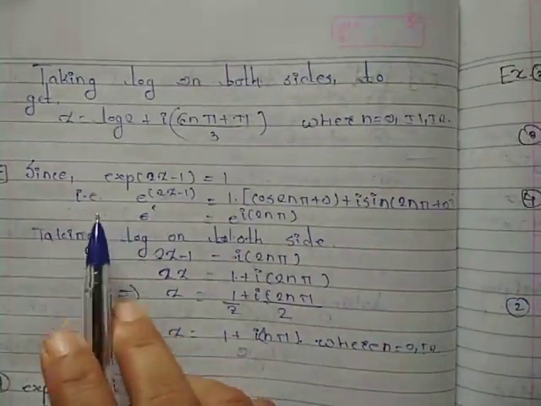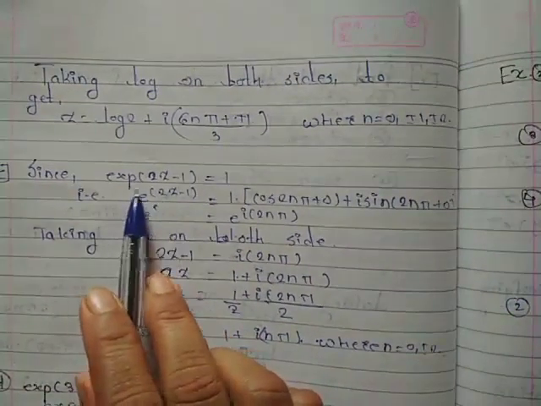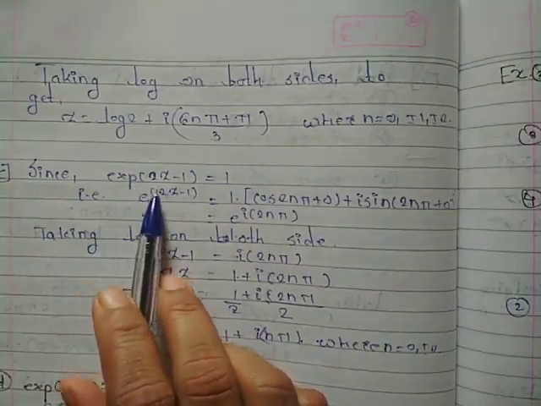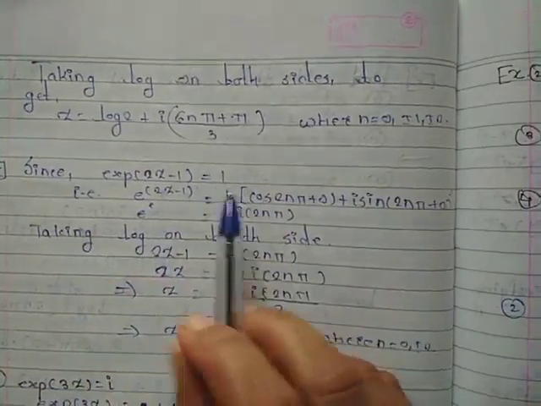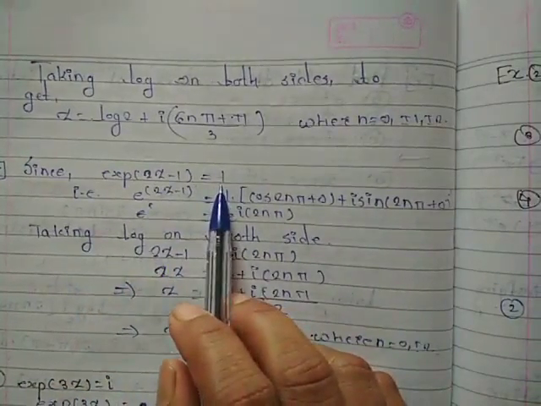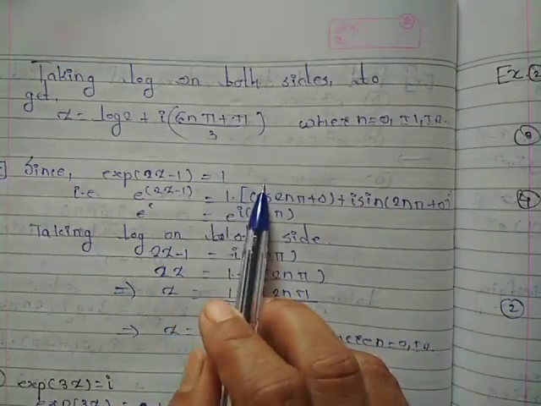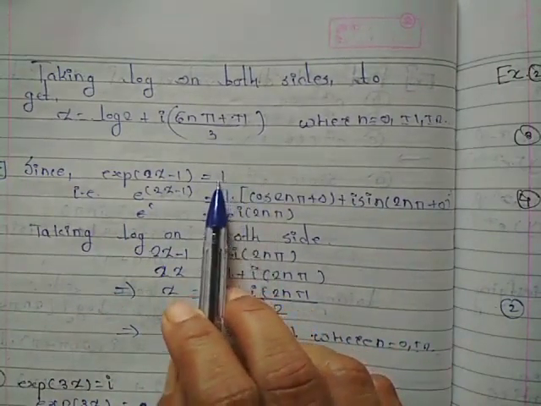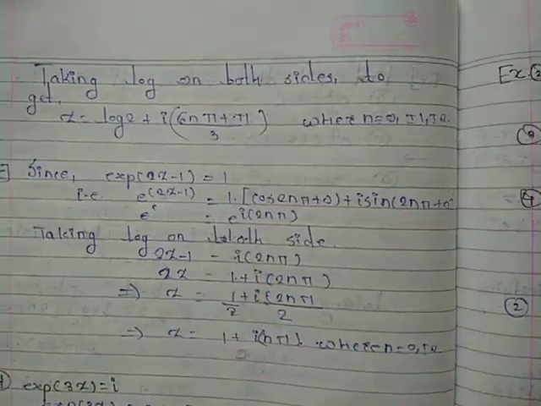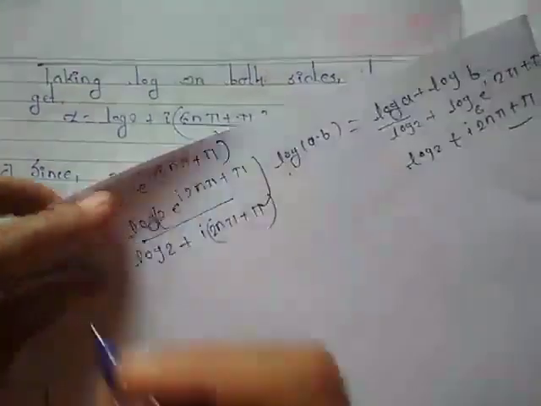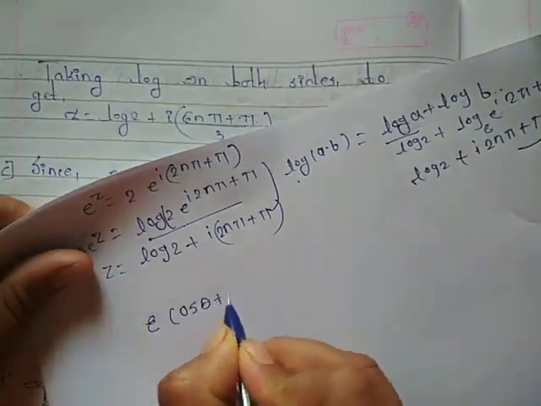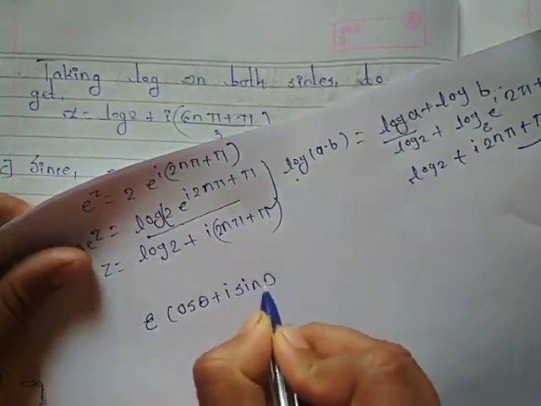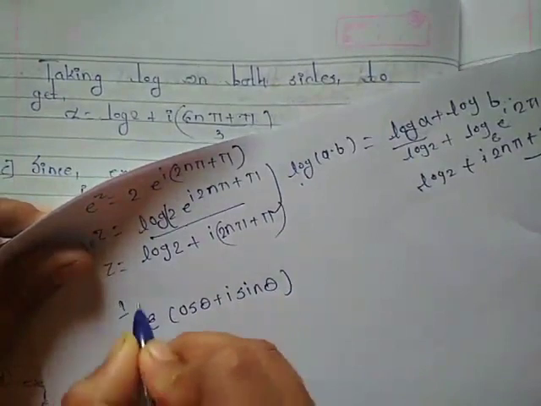Let us see the next example. We have to find the values of z such that exponential of 2z minus 1 is equal to 1. Okay. We have to write this one in the form of r into cos theta plus i sin theta.